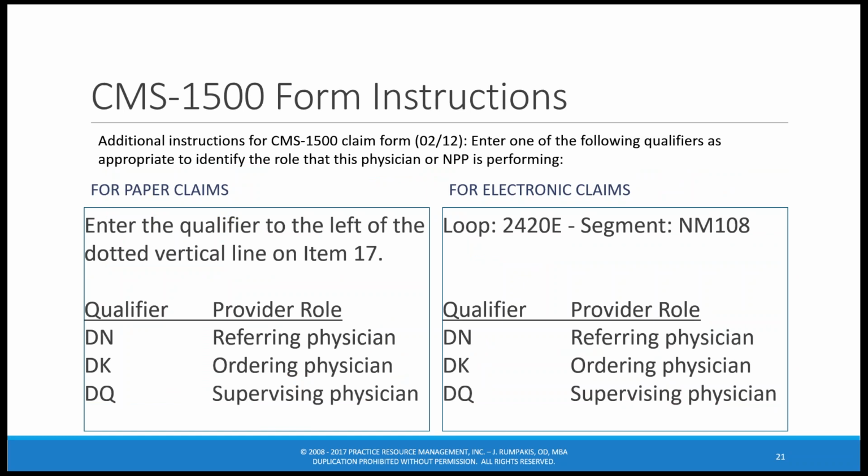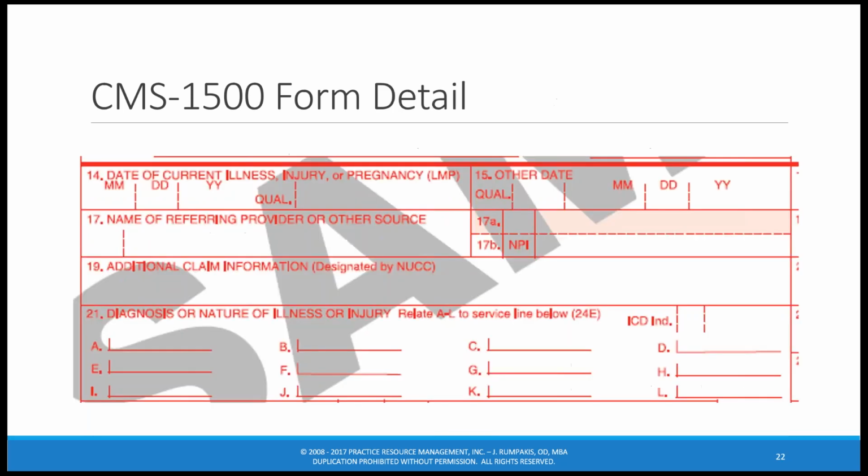So the qualifier DN, DK, or DQ, whether the patient was referred in by somebody else because they didn't have a piece of equipment in their office, you had ordered it and performed it by using DK, or you were just supervising a test. Now, typically we don't do that in an optometric practice. Most likely it's going to be DK as the number 1, DN as the second.